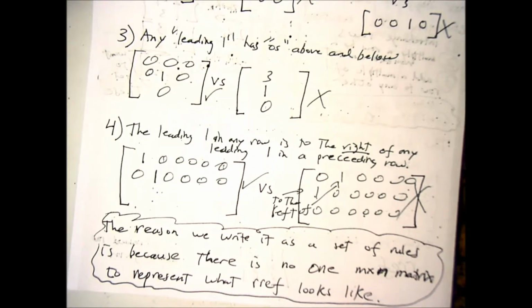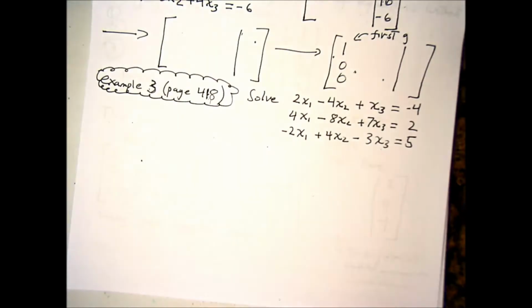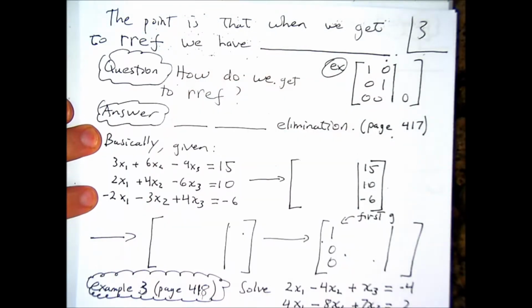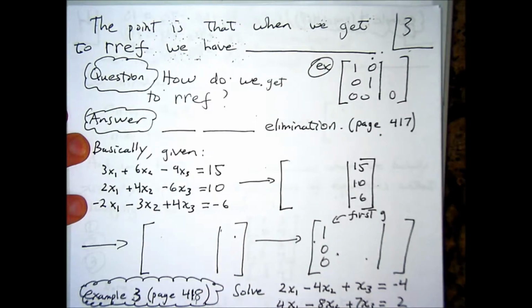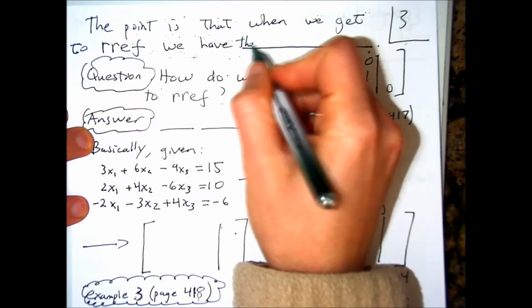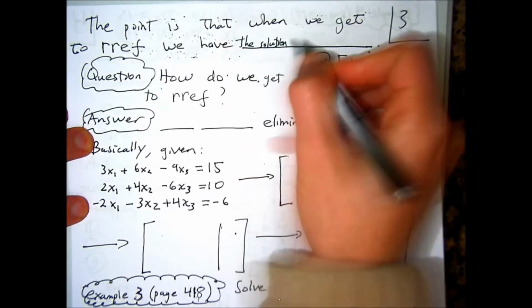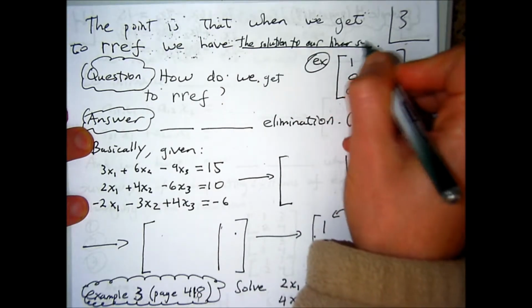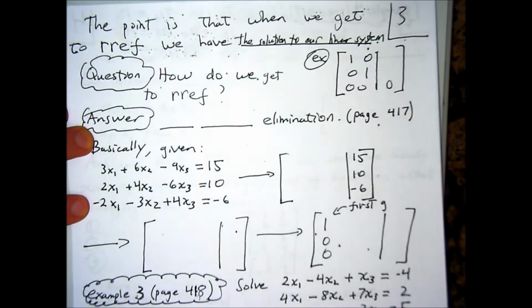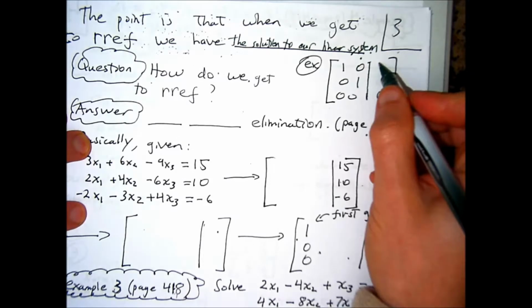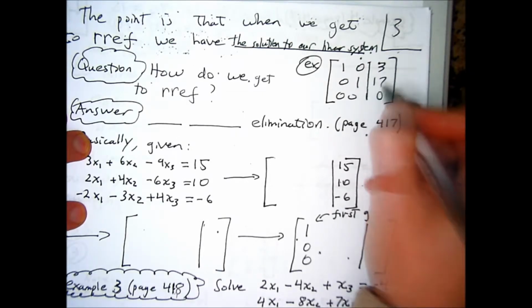So, okay, what's the point of this reduced row echelon form? Why are you making my life difficult? Well, when you get a matrix in reduced row echelon form, we have the solution to our linear system. As an example, 1, 0, 0, 1, let's say this is 3, 17.